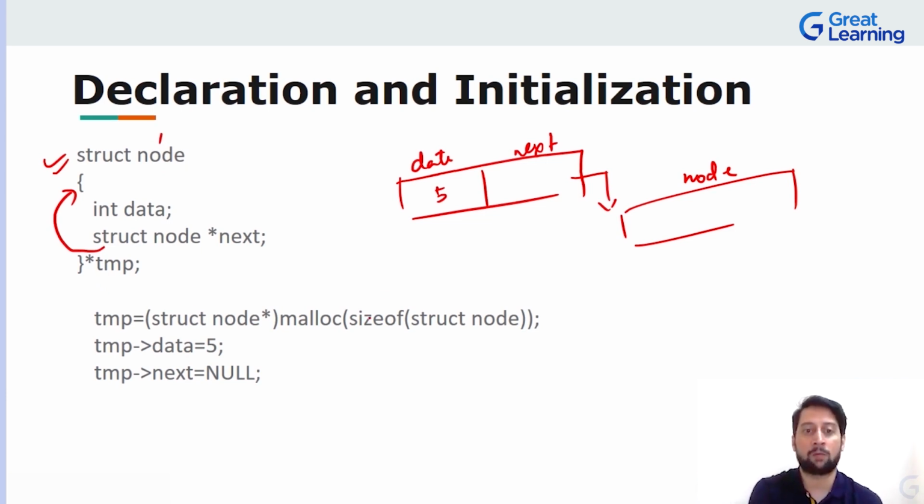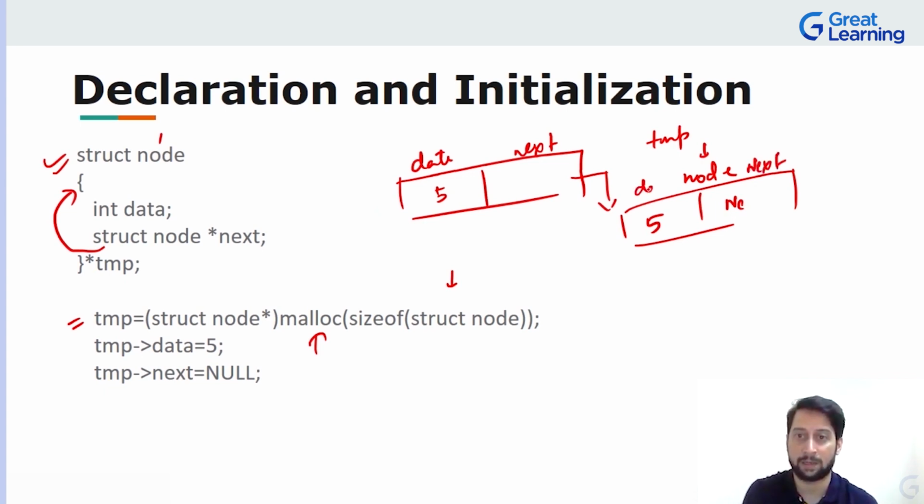And finally, we create this temporary node. Let's suppose we are creating this node here, and let's name it tmp. Then with the help of malloc, we are allocating memory, calculating the size, allocating the memory and then typecasting it. Then we are inserting the value as 5 in the data part, and this is the next part.